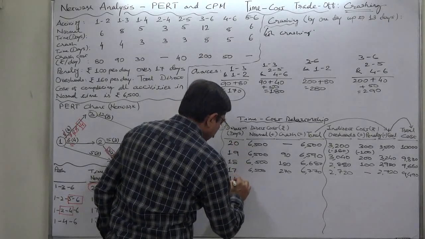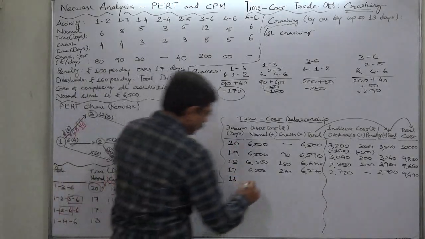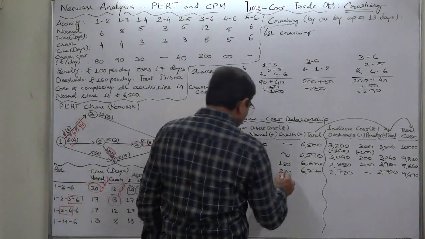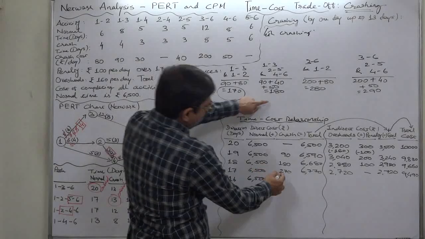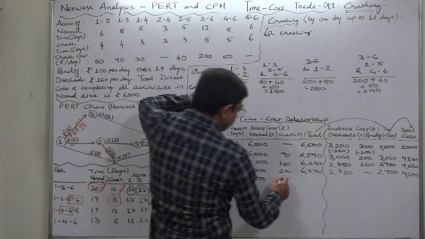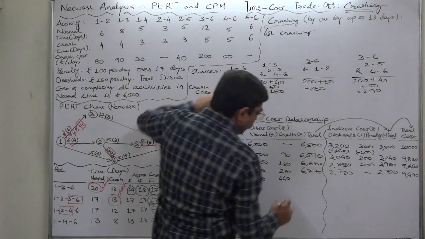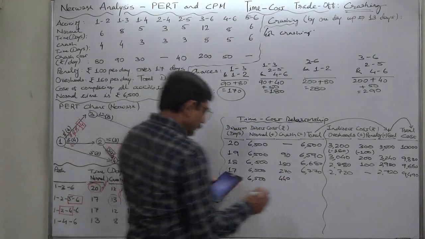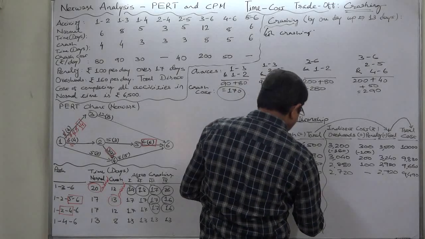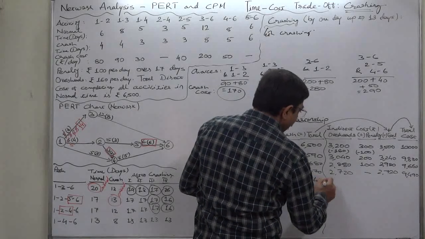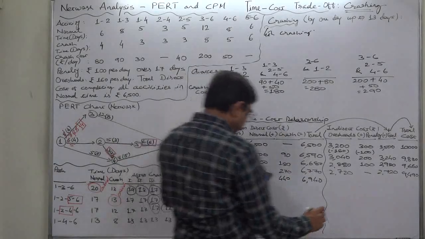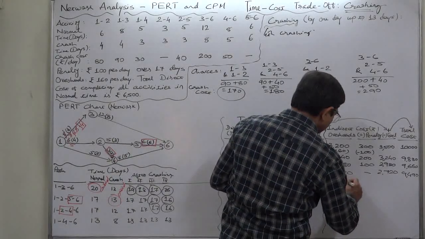17 minus 1, 16 days. 6,500 unchanged direct normal cost. Crash cost will now be 270 plus 170, so it will be 440, and the total will be 6,940. In case of overheads, there is a further reduction of 160, so now there will be 2,560.